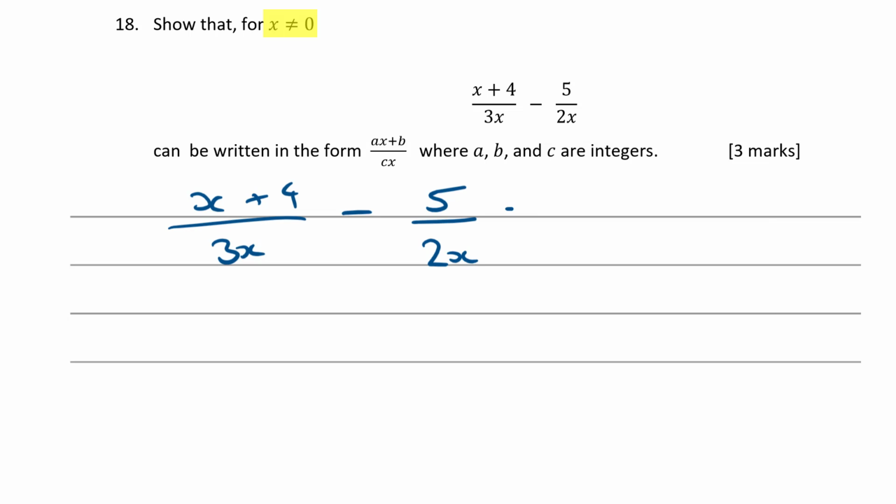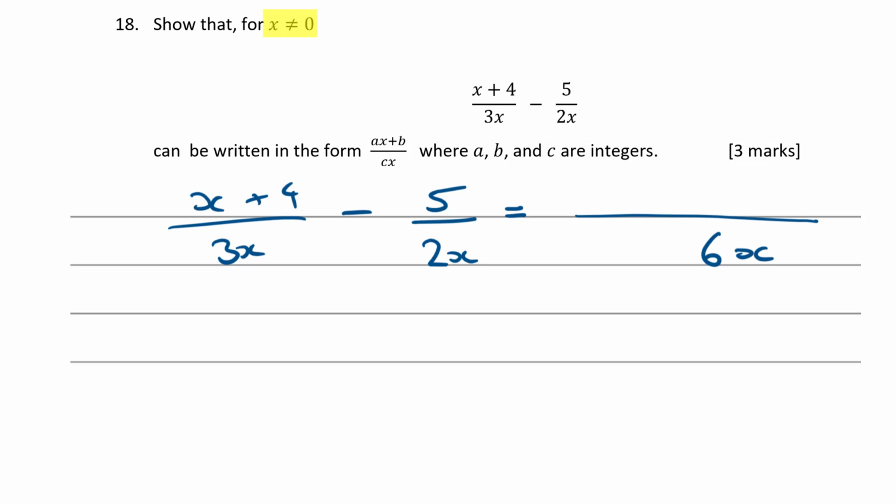We need to find a common denominator. They've both got x in it, so I can have x as part of my common denominator. And the lowest common multiple of 3 and 2 is 6. So I'm going to use 6x as a common denominator.